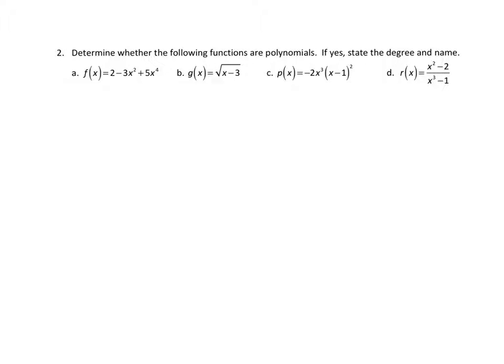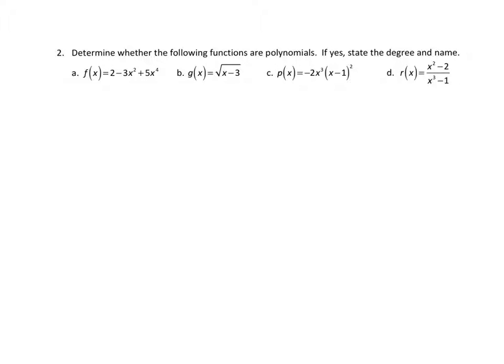And the last thing we will do in level 1 is look at some functions and determine whether or not they're polynomials. So remember, the coefficients, or the numbers in front of the variables, can be any numbers, positive, negative, decimals, fractions, but the exponents have to be whole numbers, so they need to be positive, 0 or greater.